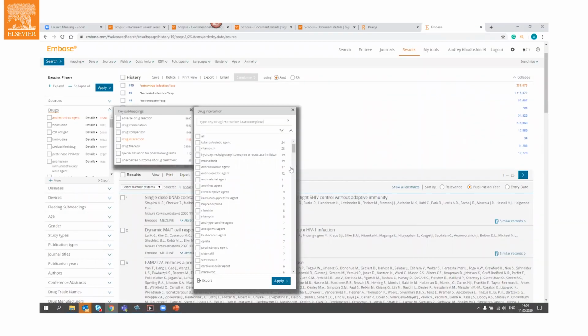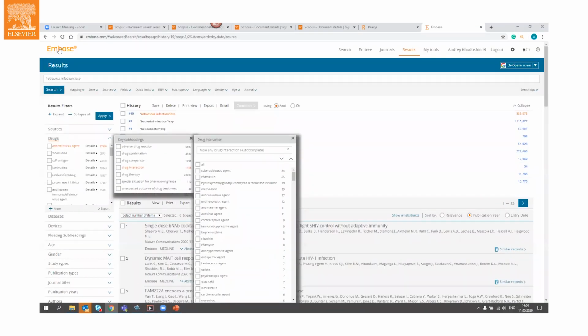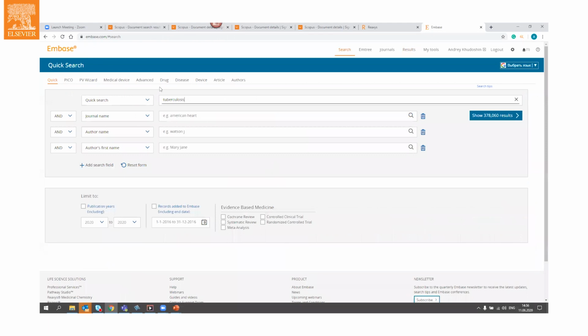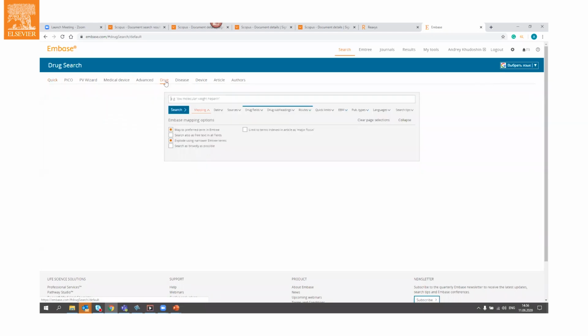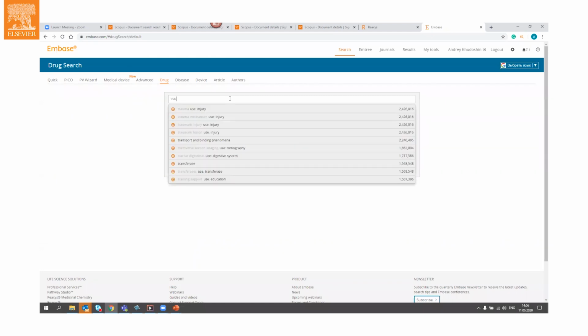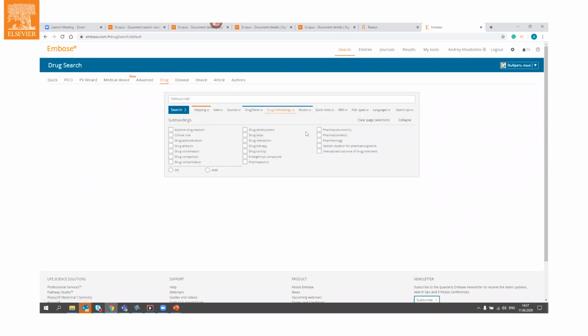So we start from some drugs. And to use drug subheadings, I advise you to start like this. This is the starting page. You go to the drugs, go to the drug subheadings and type something. For example, trastuzumab. It's an antineoplastic drug, and we are interested in clinical trials. That's why we select this subheading clinical trials.